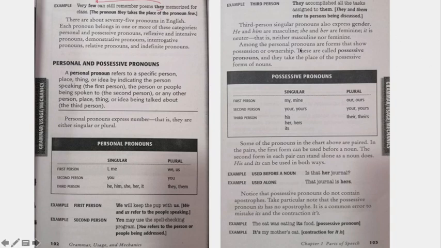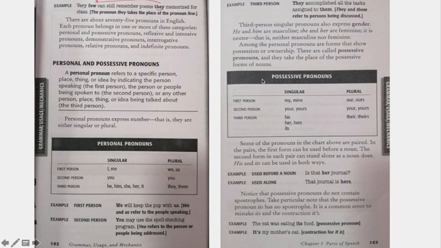Now, among the personal pronouns are forms that show possession or ownership. So there are personal pronouns, but this time in the possessive form. These are called possessive pronouns, and they take the place of the possessive forms of nouns.